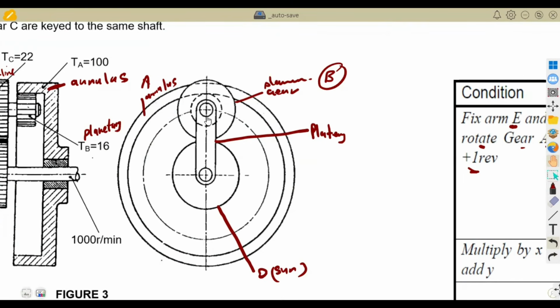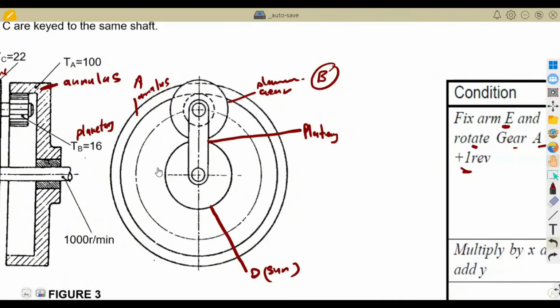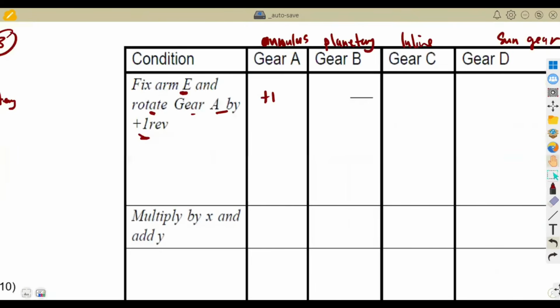A is going to affect B. So that's where the number of the driven comes in, which in this case is going to be TA over TB. You're just supposed to know the formulas. I think I listed about this, and it's always positive. They are all going clockwise.